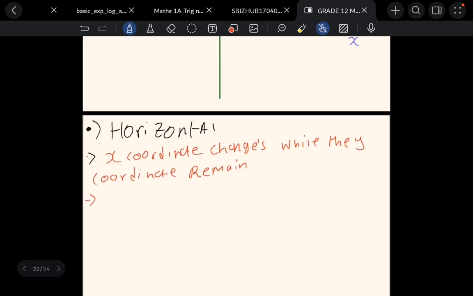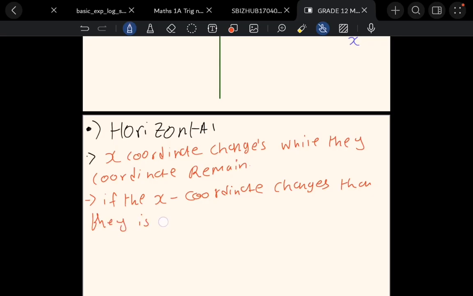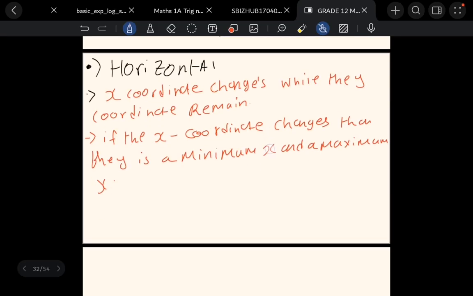If the x coordinate changes, then there is a minimum x and a maximum x coordinate. Understand? It means if a line is horizontal, the y coordinate remains.